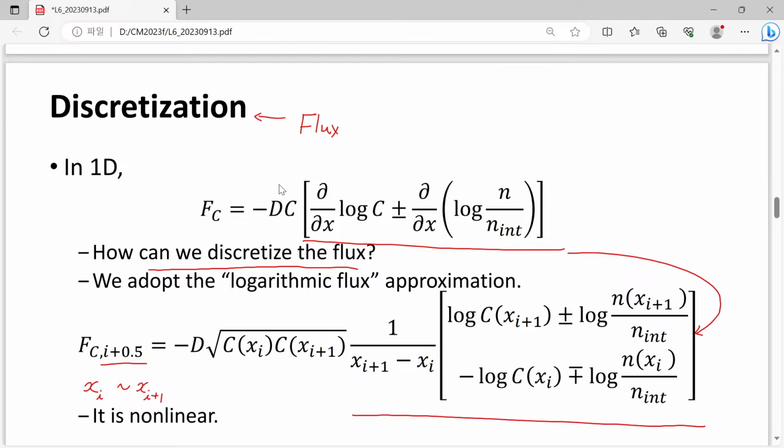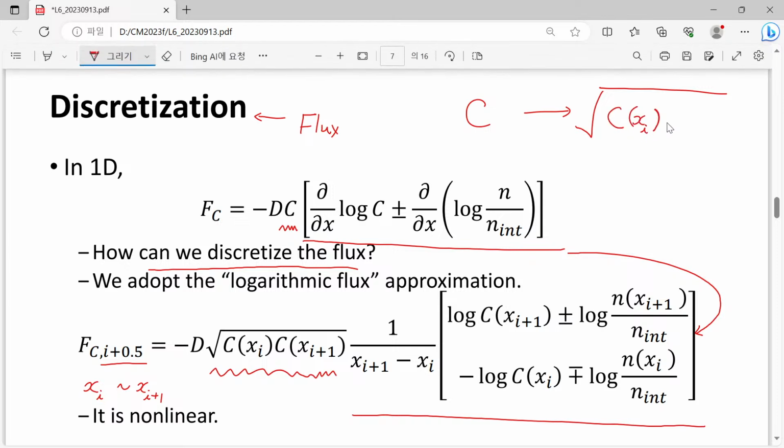But here we have C. And here we have discretized C. What should be the form of C? Here, our C is written as C evaluated at xi, C evaluated at xi plus 1.